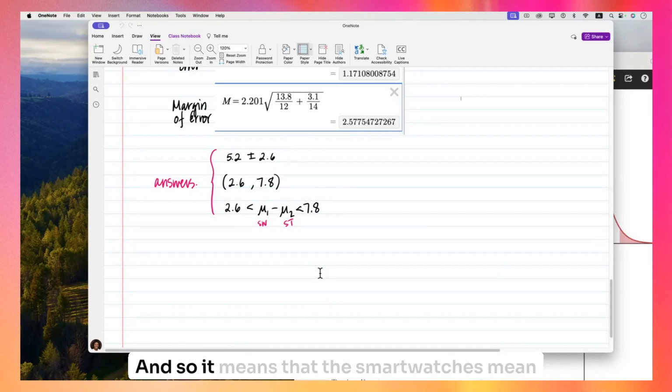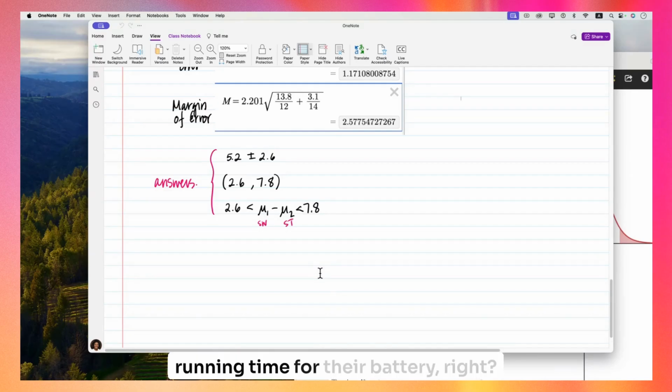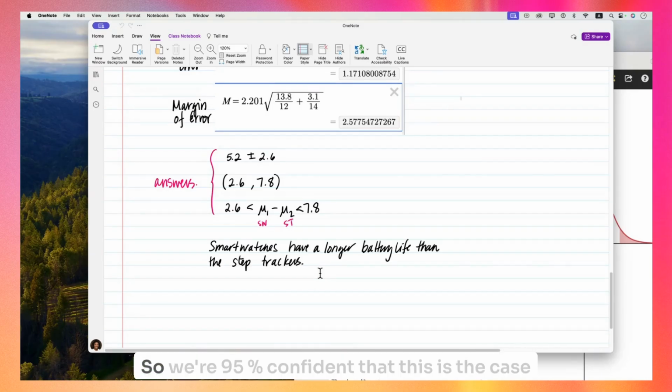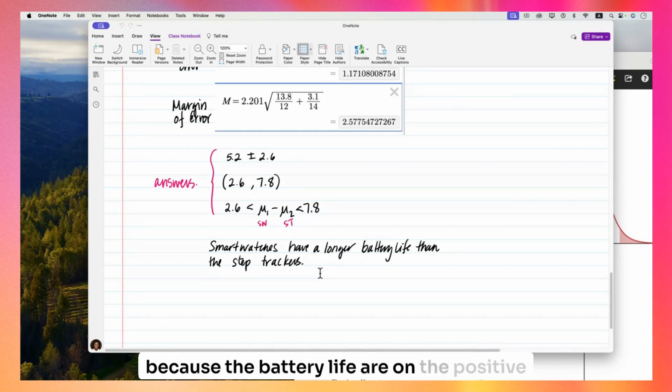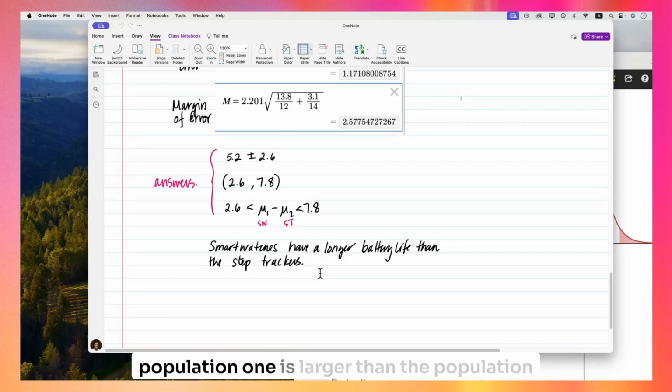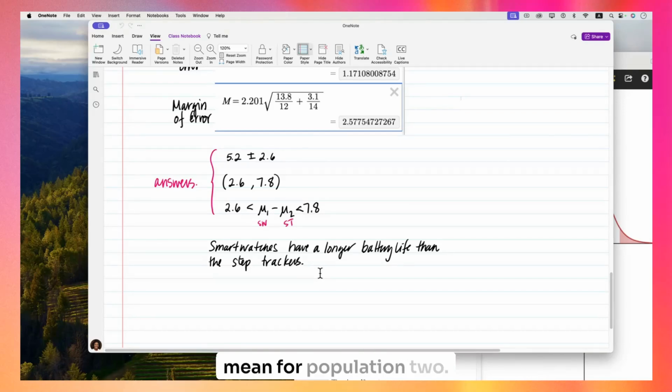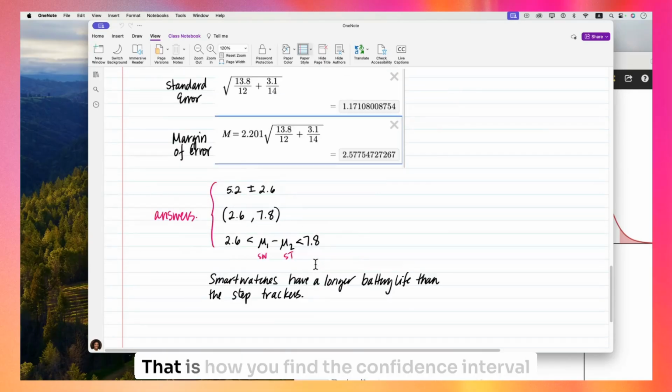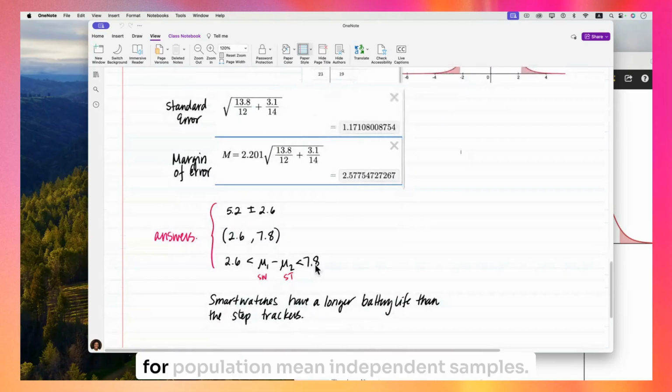So it means that the smartwatches' mean battery life is more than the step trackers' battery life. We're 95% confident that this is the case because the interval is on the positive end, which means that the population mean for population 1 is larger than the population mean for population 2. That is how you find the confidence interval for the difference of population means with independent samples.